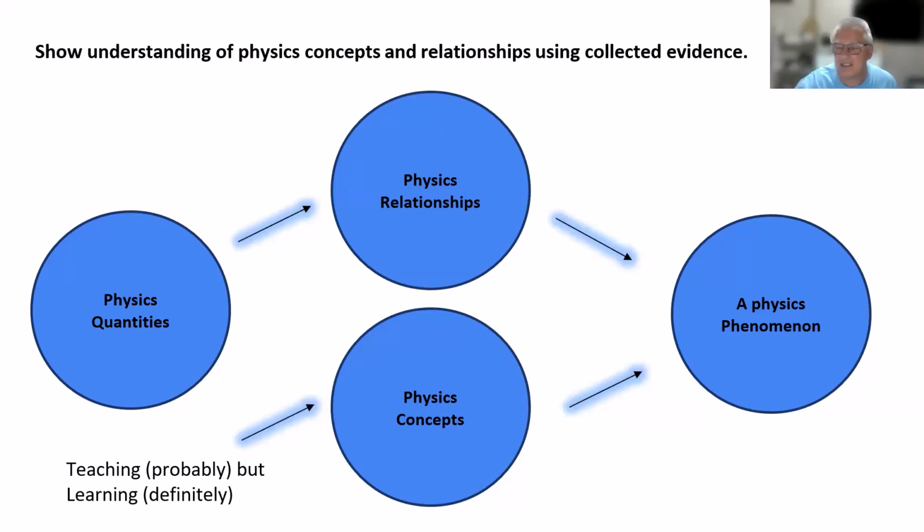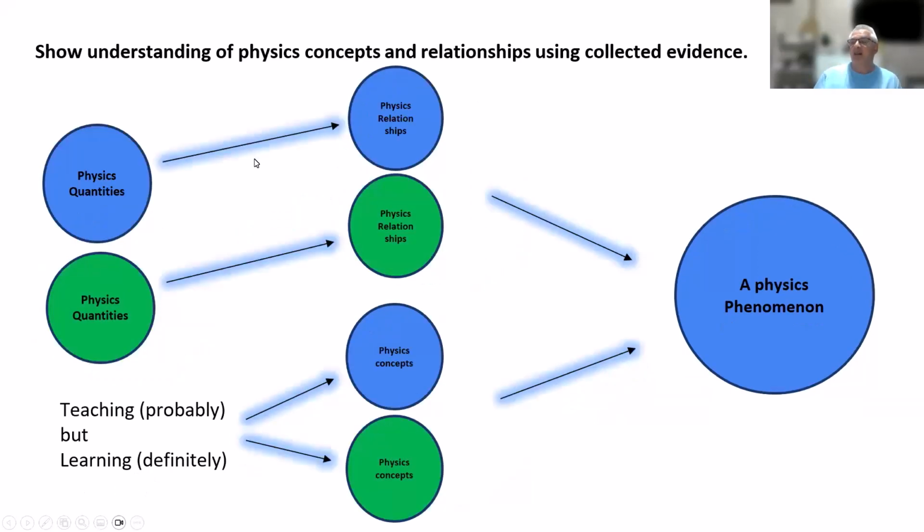Now, because I can't not do this, obviously it looks a bit more like that. Because of the S's everywhere, you're going to need 2 physics relationships, 2 physics concepts to explain a physics phenomenon. What you do if they get 3 of those 4, I don't know.